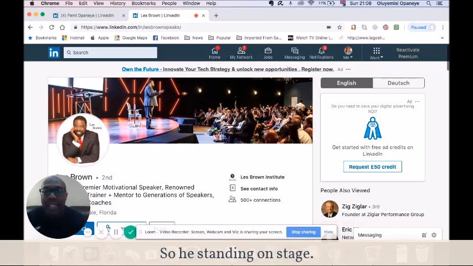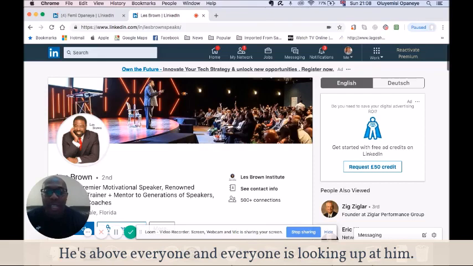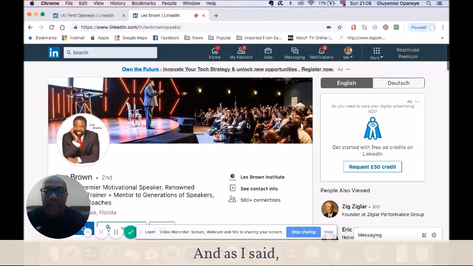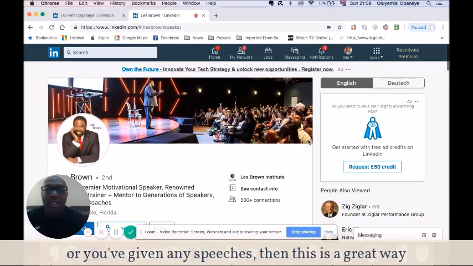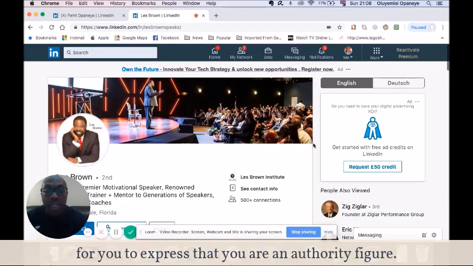So he's standing on stage, he's above everyone, and everyone is looking at him. And as I said, the first impression of people coming to your profile is your banner. And so if you're a speaker or you've given any speeches, then this is a great way for you to express that you are an authority figure.